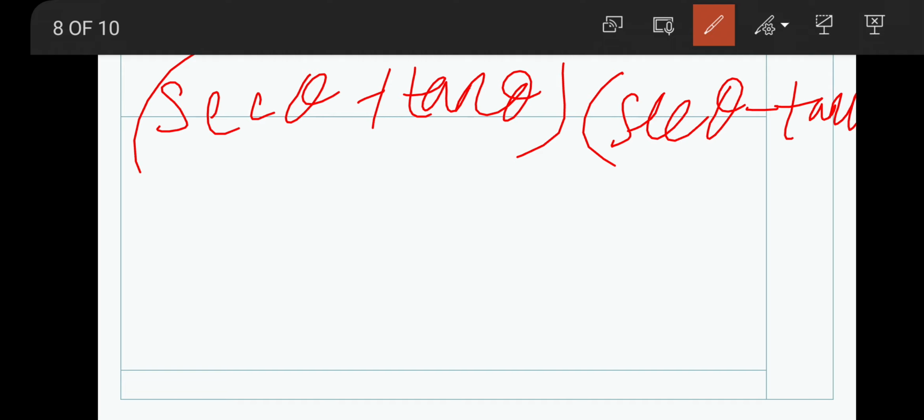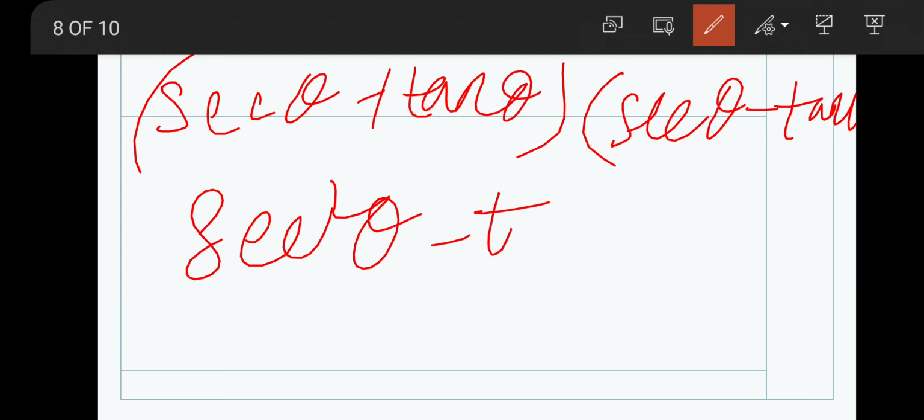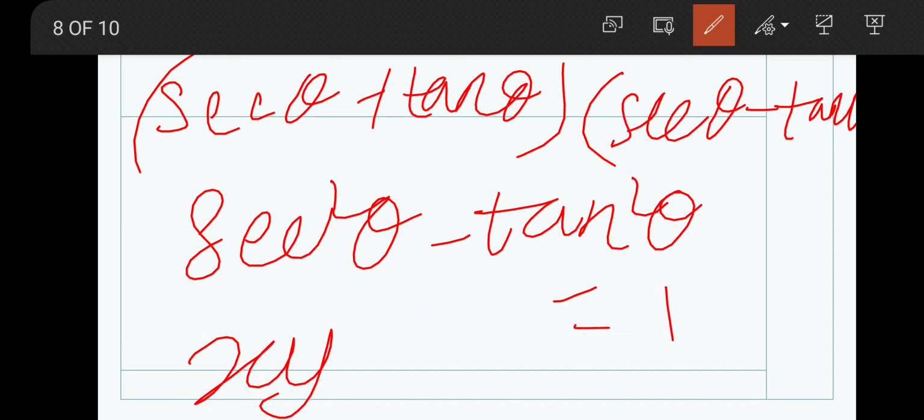Is it looking like a plus b into a minus b, which equals a square minus b square? That means secant square theta minus tan square theta, which equals 1. That means x into y equals 1. So multiplication of the two equations gives 1 for this particular value.